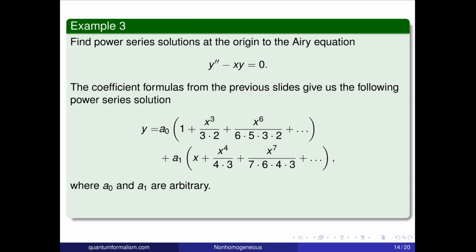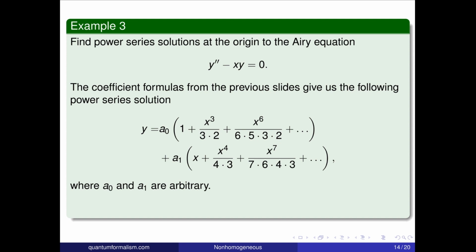And then the second series will be a1 times, and this time a1x would be the first term that shows up, and then we'll have those other terms, the x to the fourth term, the x to the seventh term, and so on. And then all the terms, which would be like a3k plus 2, those are all 0, right? Because we started at a2 being equal to 0.